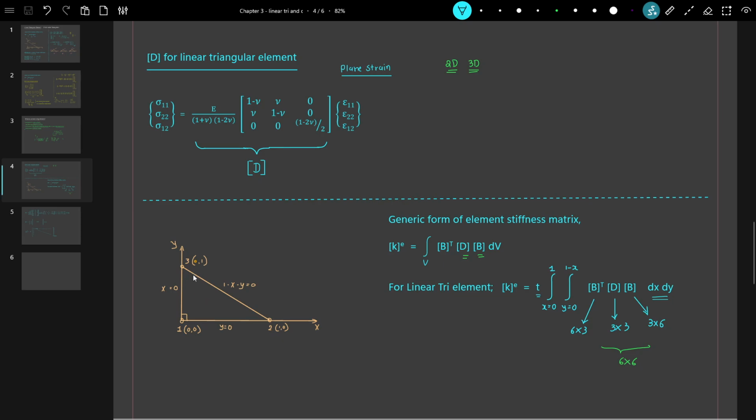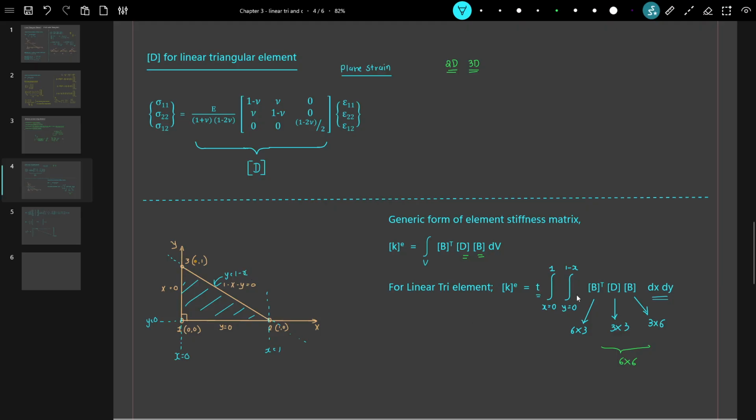Here this is the bounding region. For that, our limits will be y equal to 0 to 1 minus x, and x equal to 0 to 1. This bounding area is between x equal to 0 and x equal to 1, and the y limit is y equal to 0 and this line, which we can say is y equal to 1 minus x.